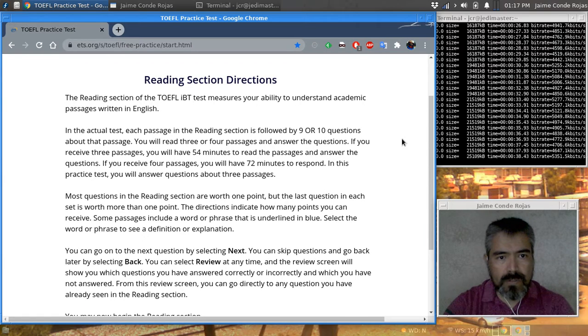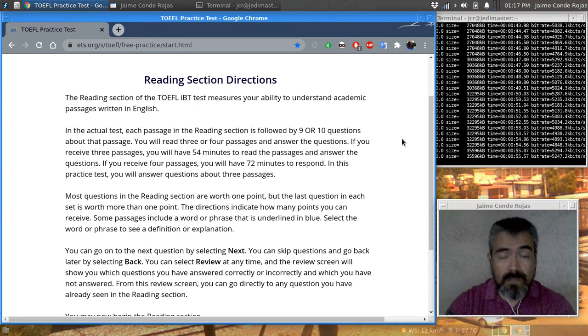The reading section of the TOEFL iBT test measures your ability to understand academic passages written in English. So that means that you need to be familiar with academic language.